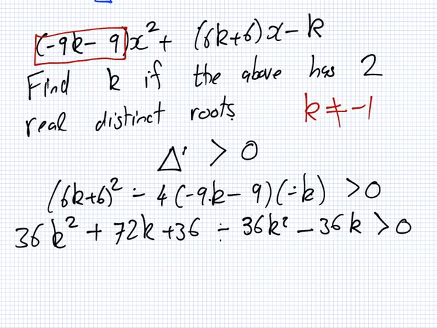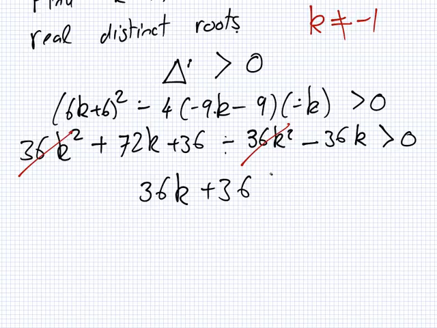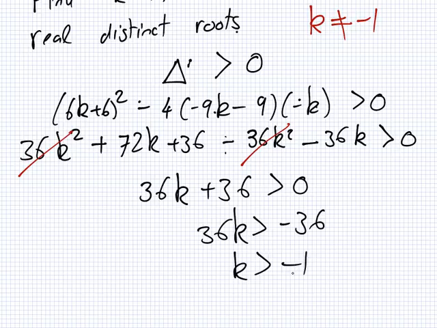Now what's nice here, and I made the question do this on purpose, these two cancel. 72k minus 36k is 36k, and plus 36 greater than 0, 36k greater than minus 36, so k greater than minus 1. And k not equal to minus 1, but that's fine because we're also saying here k should be bigger than minus 1.